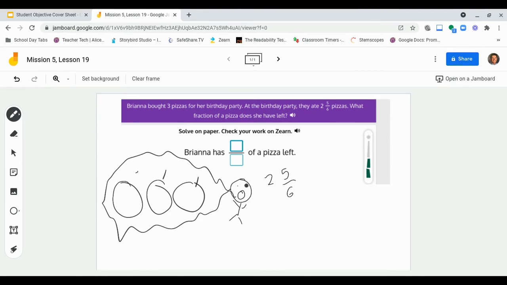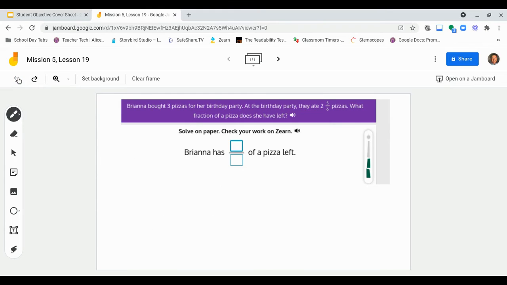I had 3 and I'm taking away 2 5/6. So how are we going to solve that? I'm going to erase my little guys here, just so I have more room. Goodbye, pizzas. 3 is my total, and then I take away 2 5/6. So the equation that I need to work with is 3 minus 2 5/6.